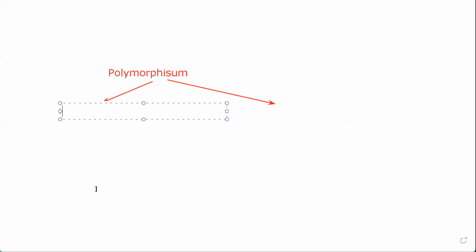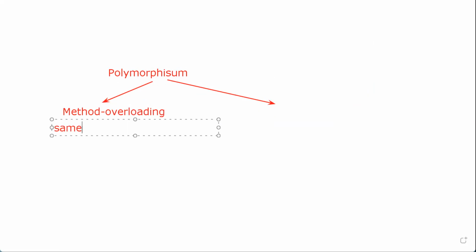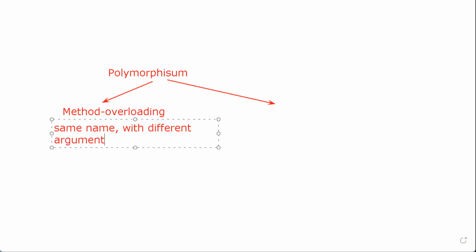So in method overloading, what we have is the same method name with different arguments. Arguments will be maintained.